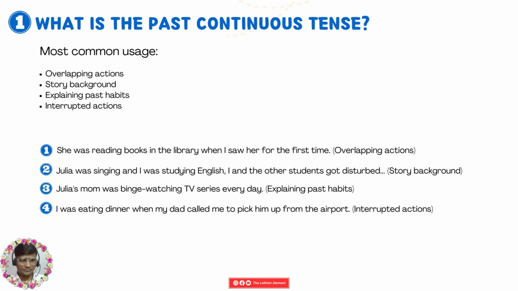All right. Now going to the fourth one. I was eating dinner when my dad called me to pick him up from the airport. That was an interruption of our action. I was doing the first action, but I got disturbed because I needed to go there.